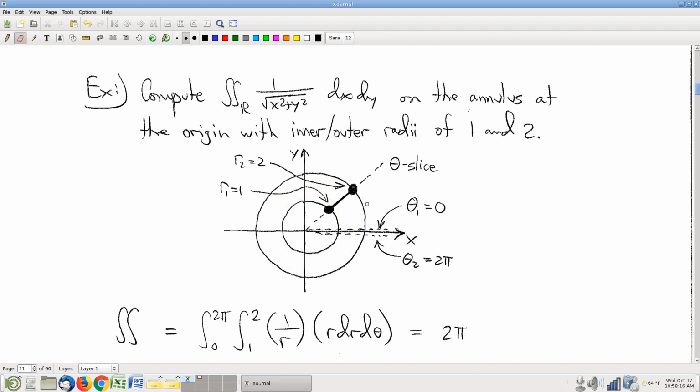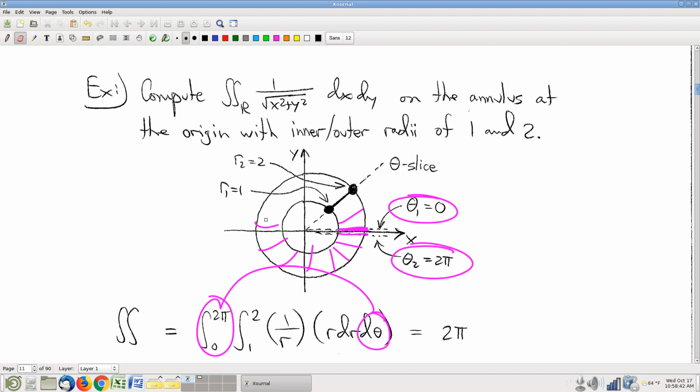Okay, so let's instead use polar coordinates, and it's just no big deal. Let's see. Well, I guess I'll do this in purple. So theta starts there at theta equals 0, and ends there at theta equals 2 pi.